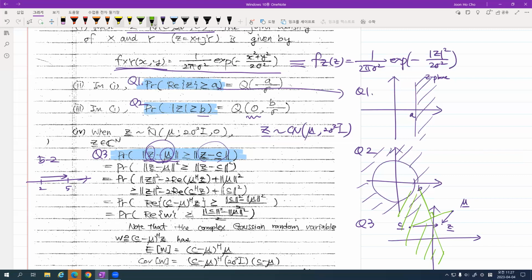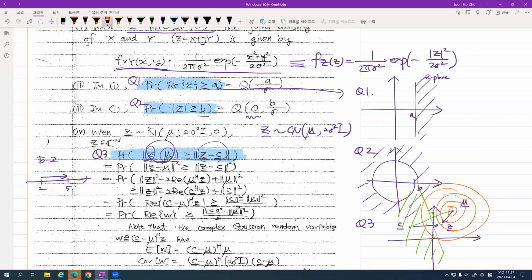You have some contours of your complex Gaussian random vector, and you have a hyperplane that slices this apple or pear, and you want to find how much probability is here.